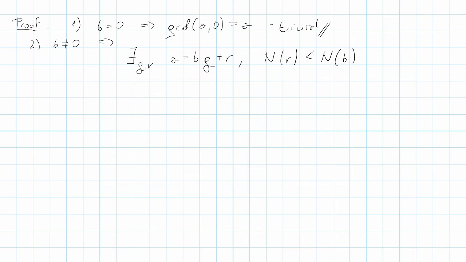So what do we know? Let me denote this GCD by an additional letter, maybe just G, the GCD of A and B. Of course, the greatest common divisor is a divisor, so it divides both A and B. So G divides A and G divides B. But let us look here.